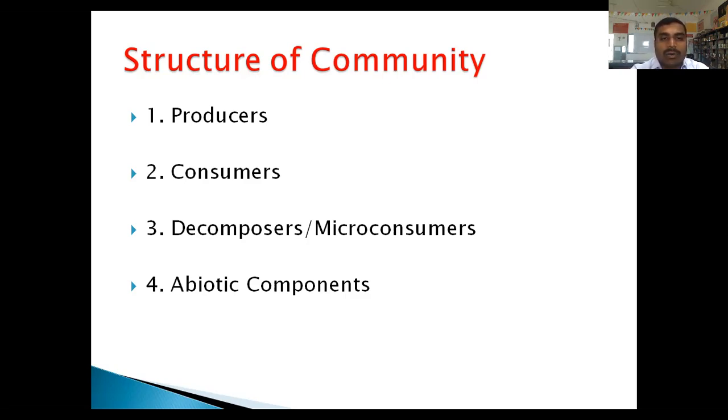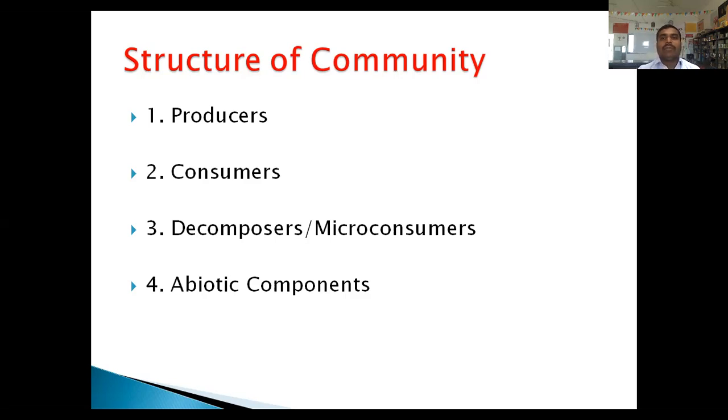Okay, now we will see the structural components of community. These are four: producers, consumers, decomposers, and abiotic components. First, we will see the producers. The producers are also called autotrophic organisms.